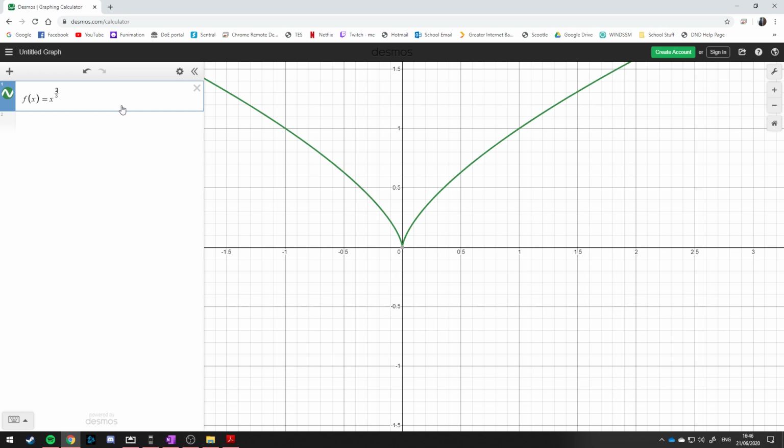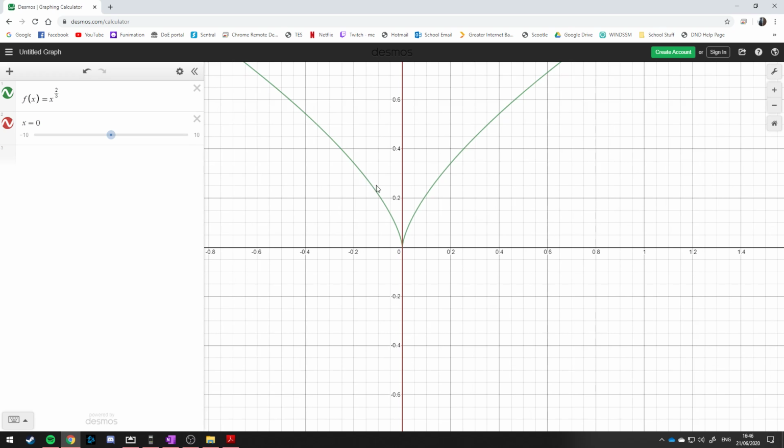Never mind. That bit was fine. So yeah, f of x is equal to x to the 2/3. What you can see is at x is equal to 0, we've got this point here where our line comes down and it shoots back straight up in the opposite direction like that. And this makes what we call a cusp. And we can't draw a tangent there. And so the derivative doesn't exist.